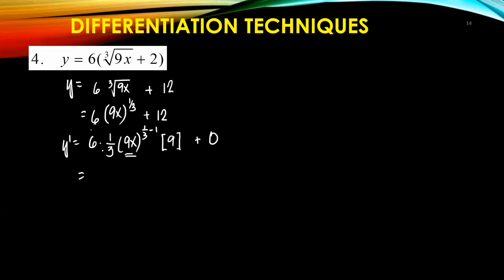So, okay, 6 divided by 3 is 2 times 9. Oh, okay. That's 18. Sorry, I said 18. I was looking at 9. 18 times 9x. What's 1/3 minus 1? 1/3 minus 1, guys, is negative 2/3. So, I would be okay if you write it like this.